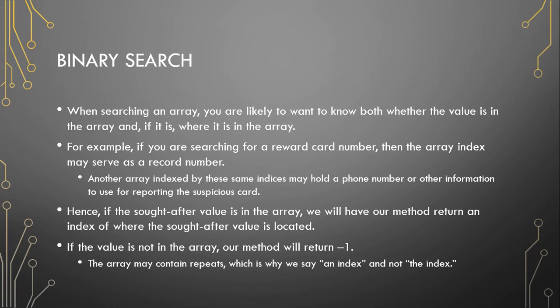The array may contain repeats, which is why we say an index and not the index, because you could technically have multiple things reoccurring. Let's say we're looking at a phone number, and you have individual records per patron in the array, and let's say it's a husband and wife.